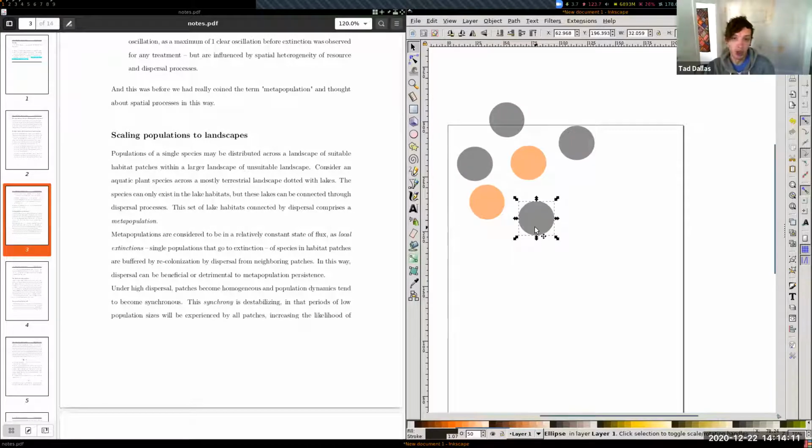These patches are not occupied. So here occupancy is just a 0-1 process. A patch is either occupied or it is unoccupied, where occupancy is typically defined as the fraction of occupied patches. So here we have 6 patches total, 2 of them are occupied. Occupancy is 2 divided by 6, or 1/3. But this is at time 1.